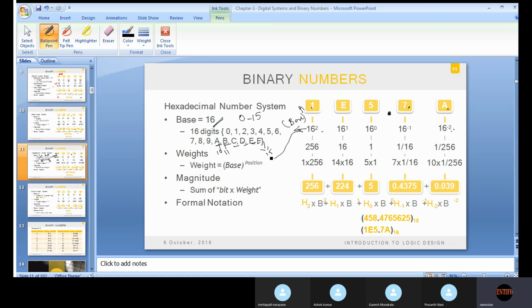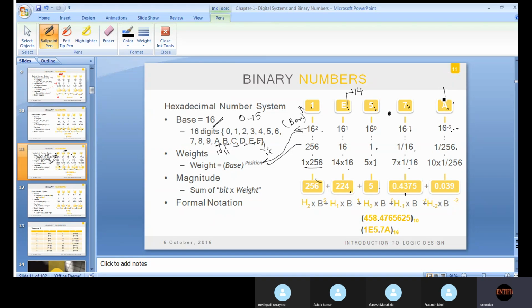Okay, so next one, 16 square is equal to 256. 16 power 1 is 16, 16 power 0 is 1, 16 power minus 1 is 1 by 16, 16 power minus 2 is 1 by 256. Here E is representing 14. 14 into 16 is 224. 5 into 1 is 5. 7 into 1 by 16 is 0.4375.